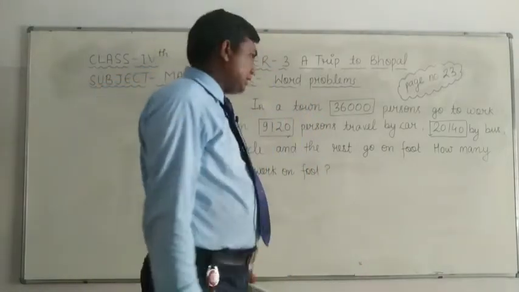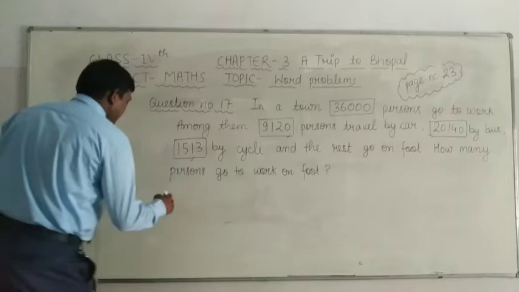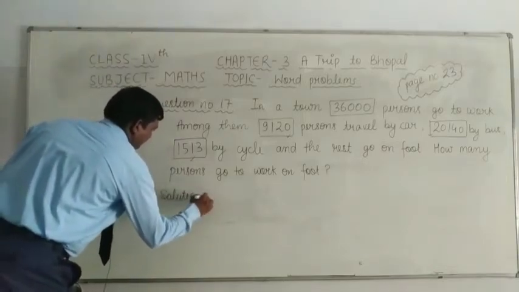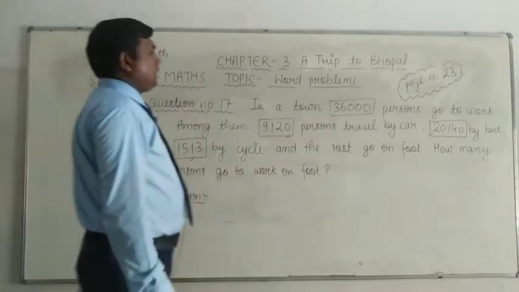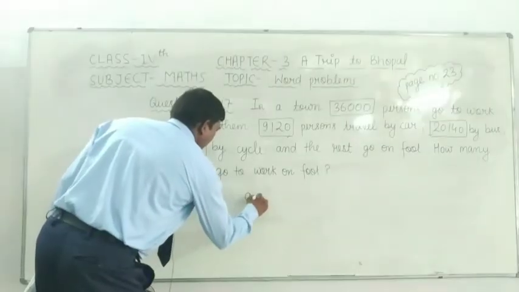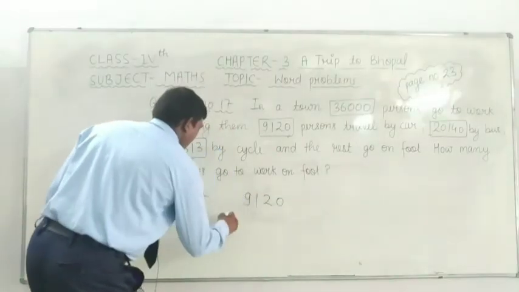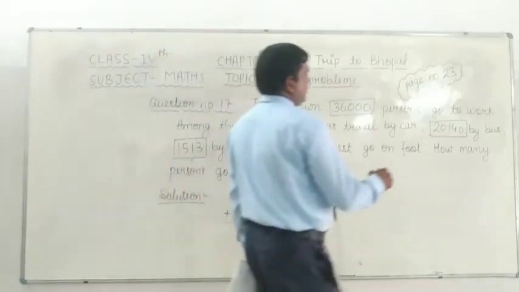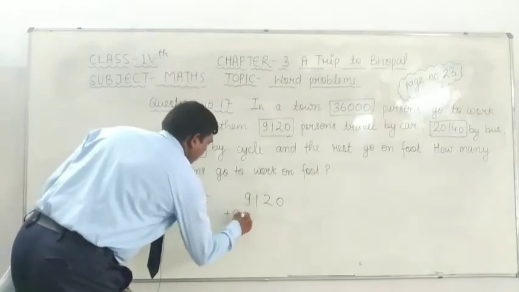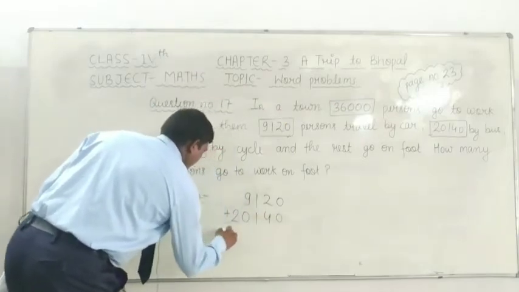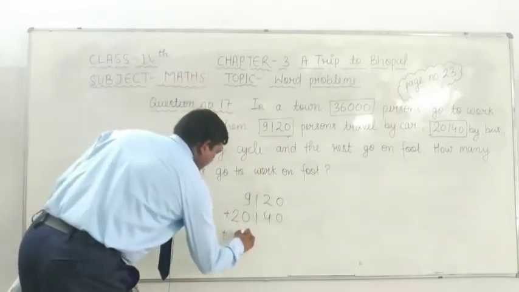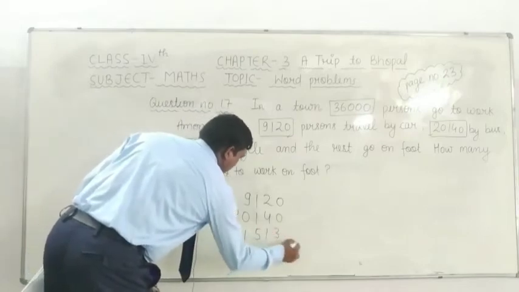Now let's start the solution of question number 17. Firstly we have to add 9,120 plus 20,140 plus 1,513.